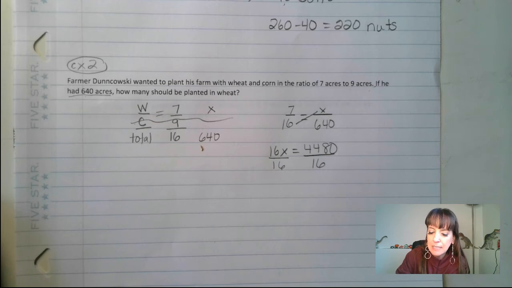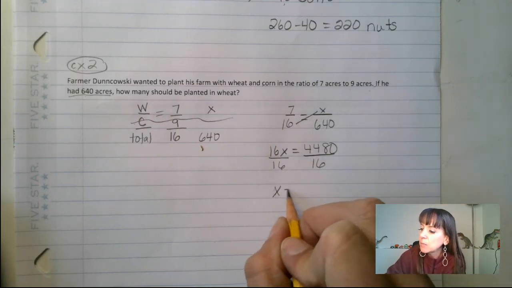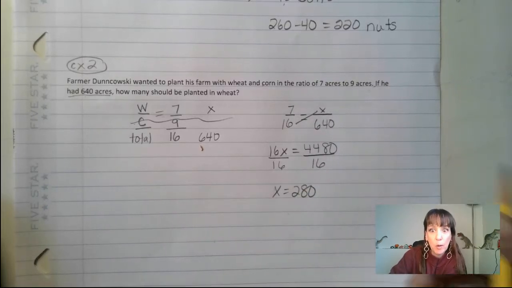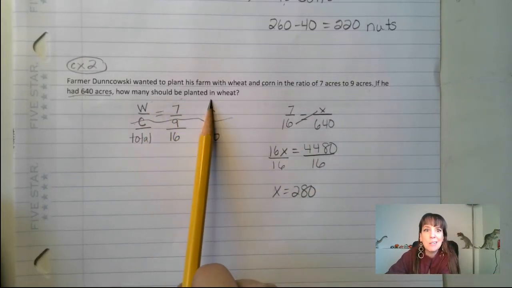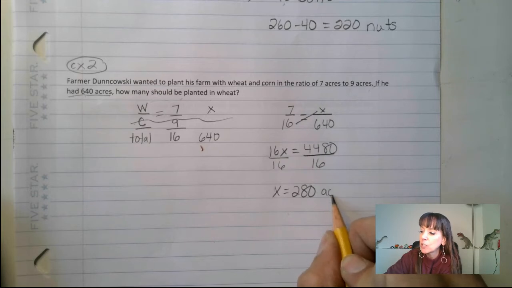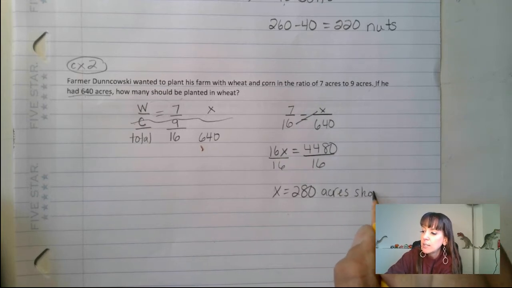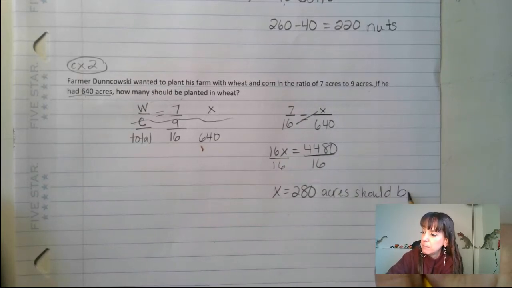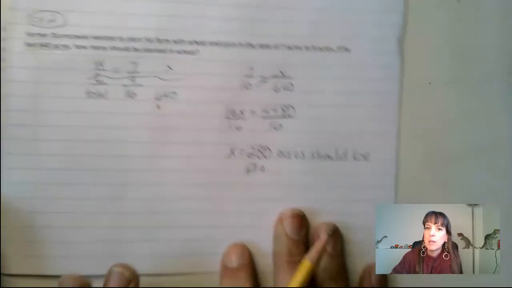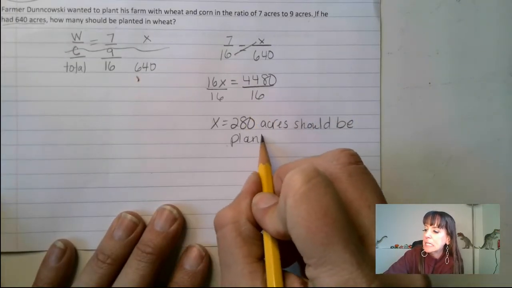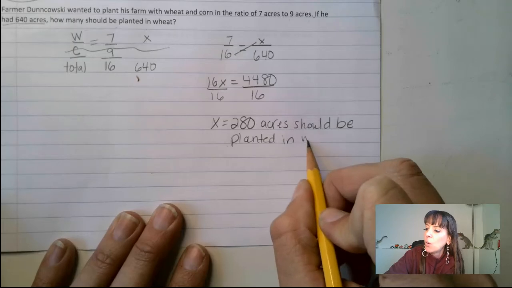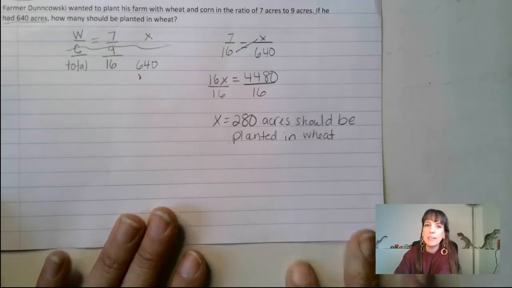So divide by 16 and we end up with 280. X equals 280. We go back and we look at the question and it says how many should be planted in wheat? 280 acres should be planted in wheat. All right, excellent.